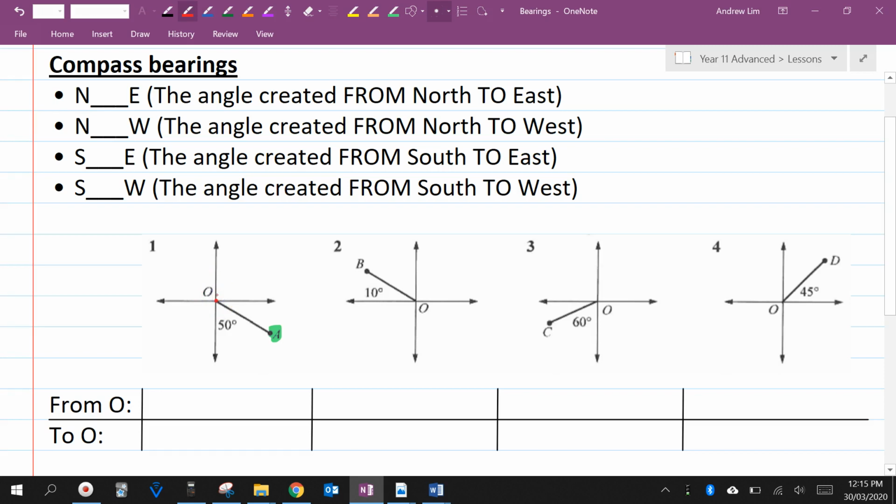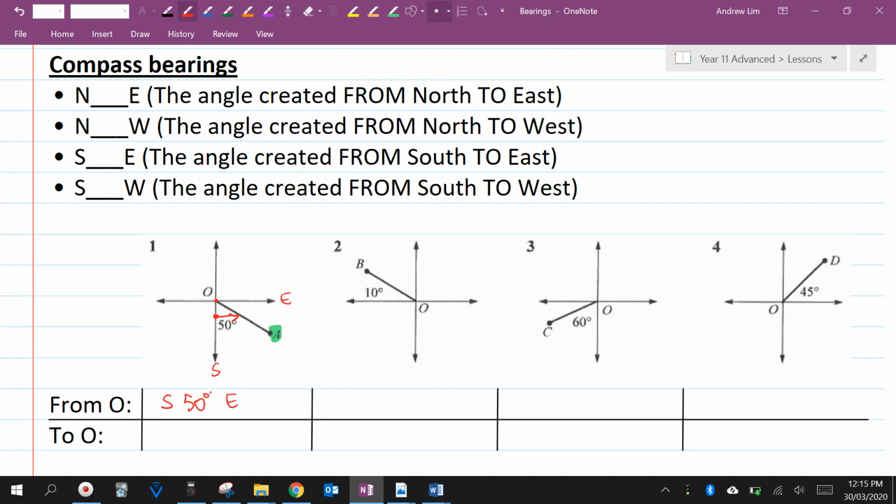So from O, because we're doing compass bearings, we want to ask ourselves, what quadrant is it in? Well, this is southeast. Therefore, we're going from south to east. But how many degrees are we going from south to east? That's 50 degrees. So it's south 50 degrees east.